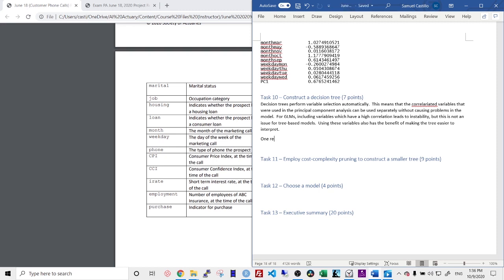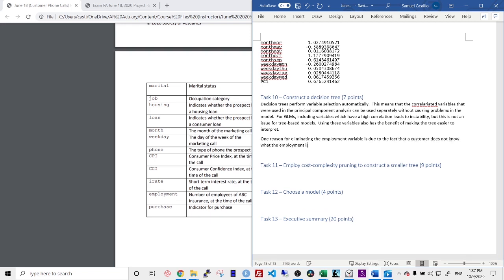One way that you could do so is to say, one reason for eliminating the employment variable is due to the fact that a customer does not know what the employment is just based on the call. And so this is unlikely to influence their purchasing decision.